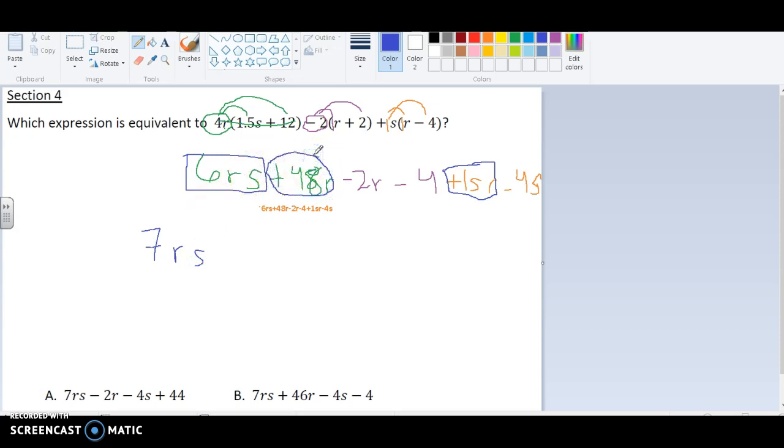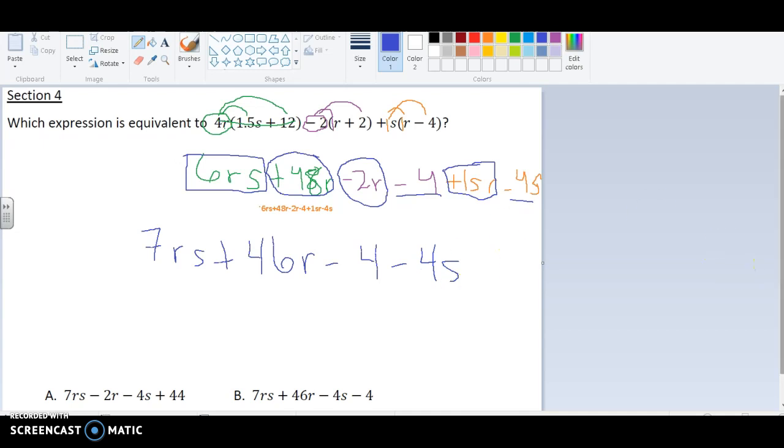I need to find another term that has an R. Happens to be right next to it. So that's 48 minus 2. So you just read it like you see it. So 48 minus 2 is 46. So we're going to have plus 46R. And then we have minus 4 right here, and then minus 4S.